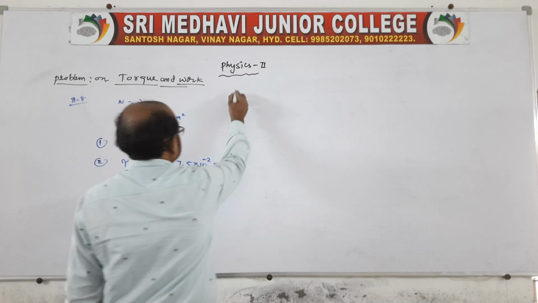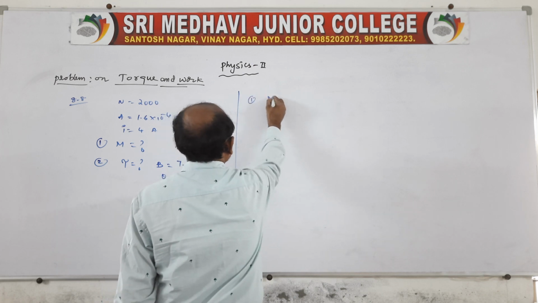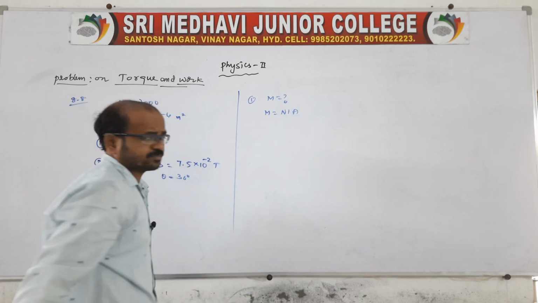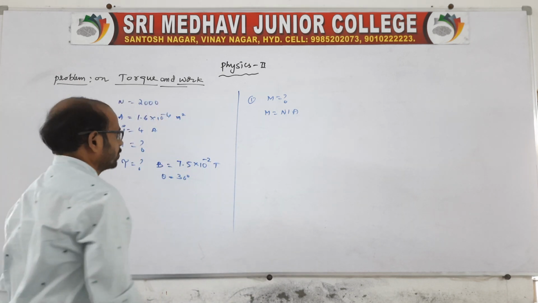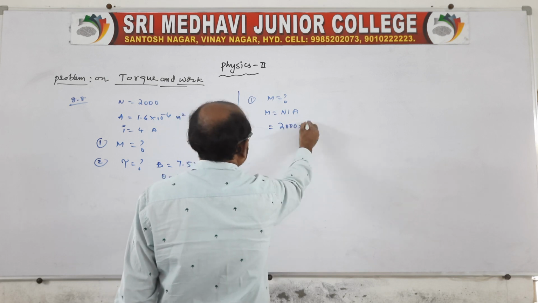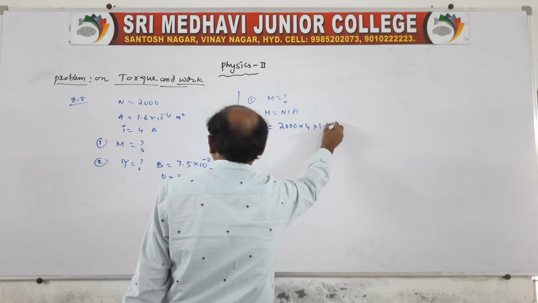To go for the first one, it is asking magnetic moment. So here capital M is equal to NIA. It is very simple. N is given as 2000, current is 4, into area 1.6 into 10 power minus 4.